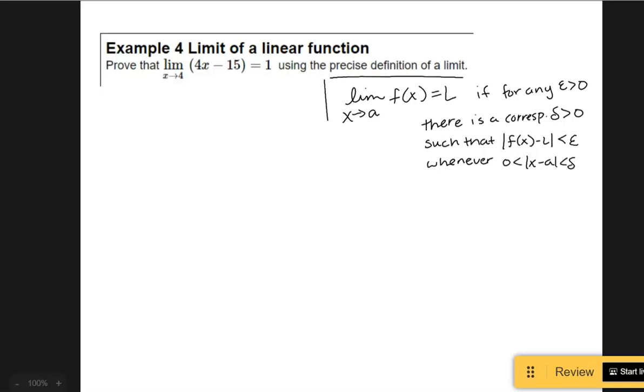So that's my definition. Now we're going to go through those 3 steps on your little sheet. So we're going to start with number 1.